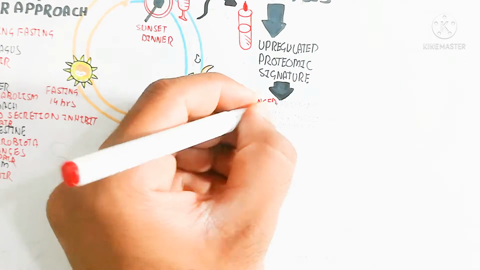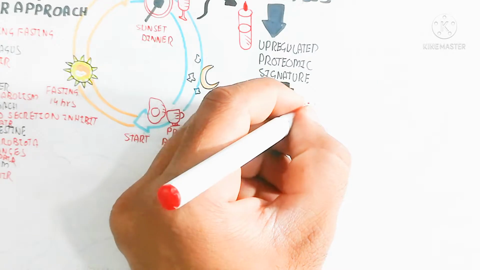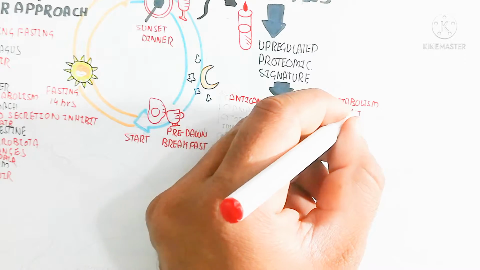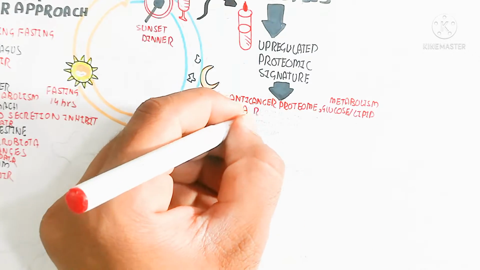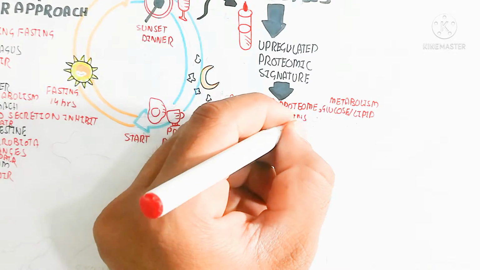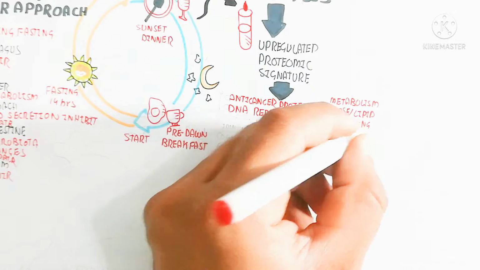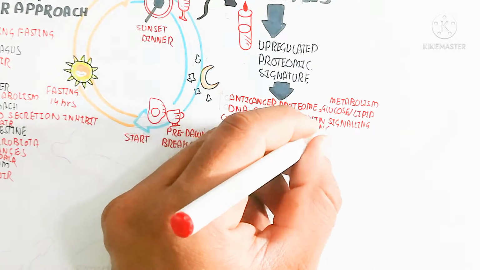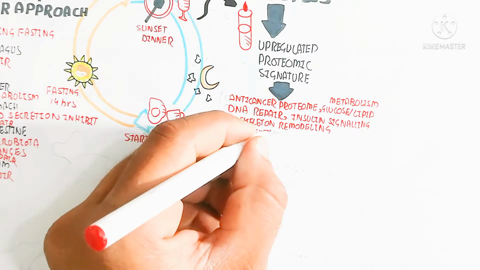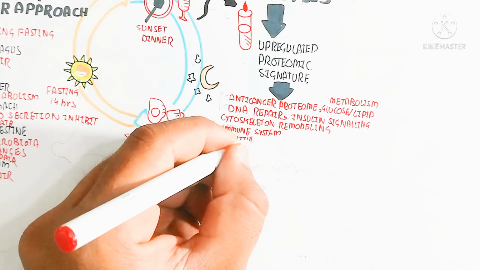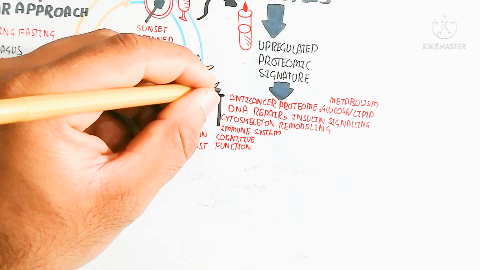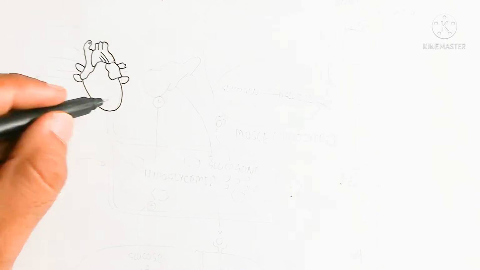On the other hand, DNA repair proteins also improve, insulin signaling improves, and glucose and lipid metabolism increase. Cytoskeleton remodeling related genes are activated to produce proteins, and the immune system and cognitive function will be improved.